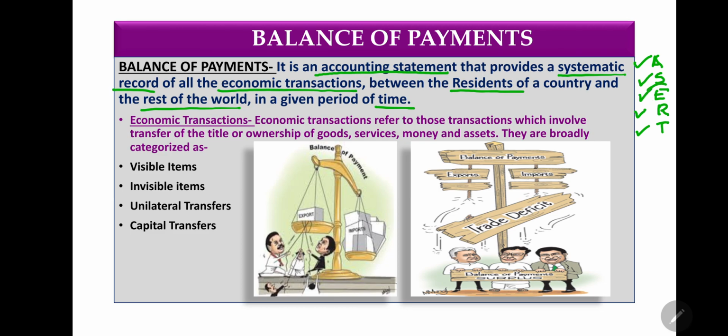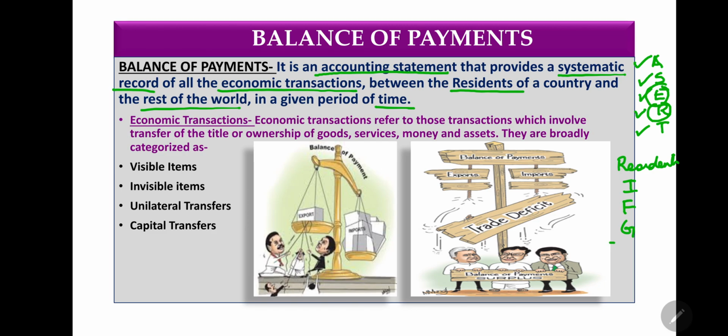Now, from this, we are going to further explain what are economic transactions and who are the residents of the country. So before we explain what are economic transactions, first we need to explain who are the residents of the country. We have earlier studied that residents of the country include, number one, individuals, it includes firms, and it includes government agency.